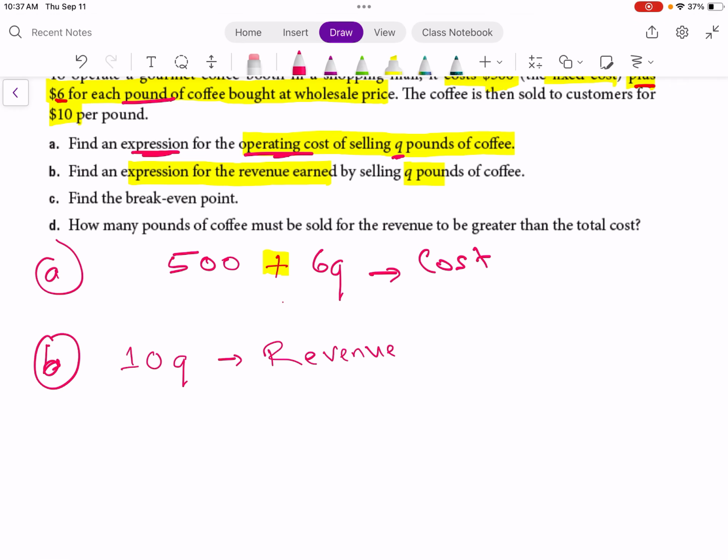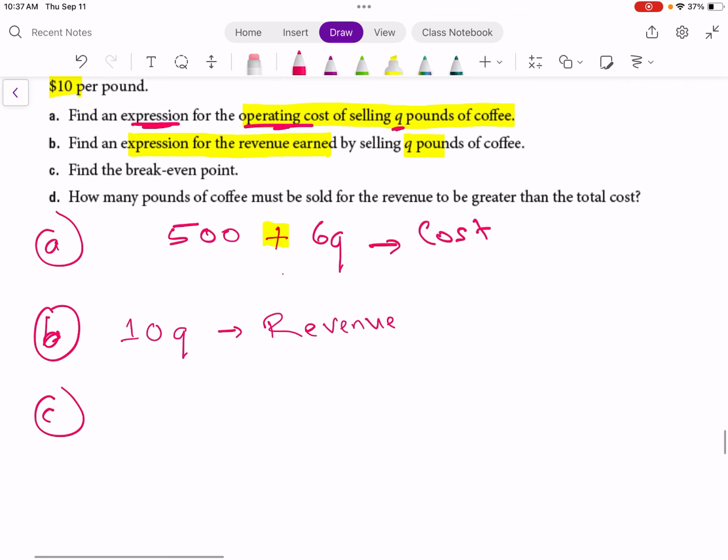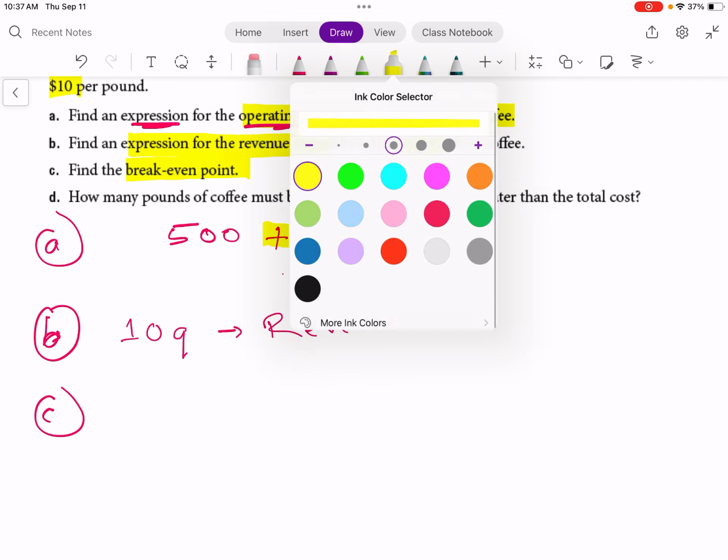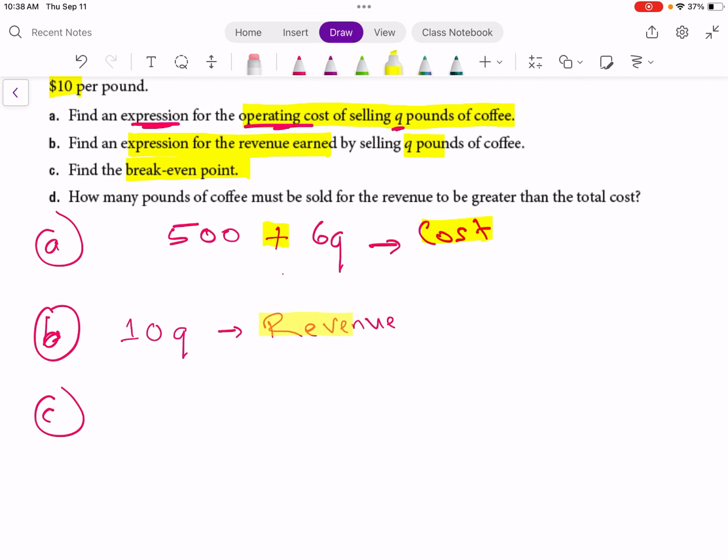Okay, now we have part C, and in part C we are asked to find the break-even point. What does break-even point mean? Yeah, how many pounds we need to sell for no profit, or no loss, right? Now it means we need to find the number of pounds such that our cost is equal to our revenue.